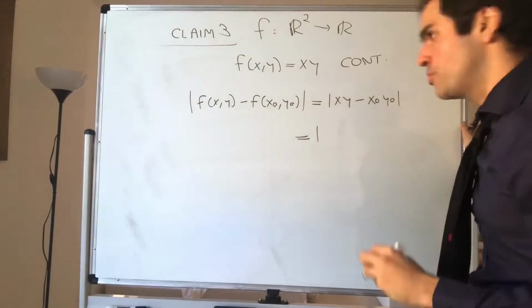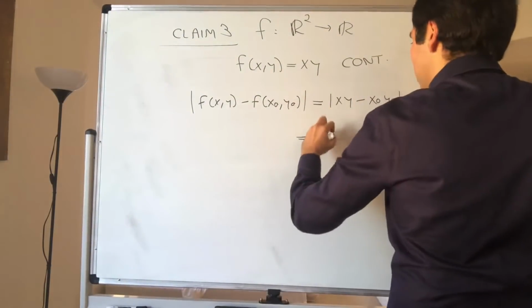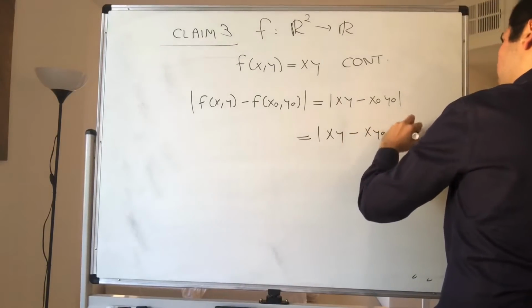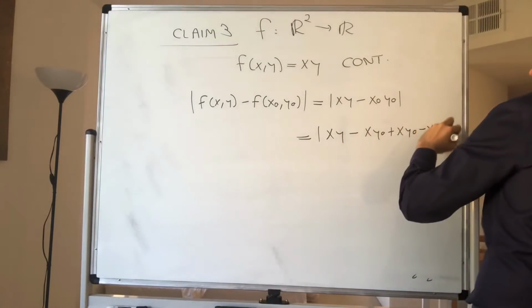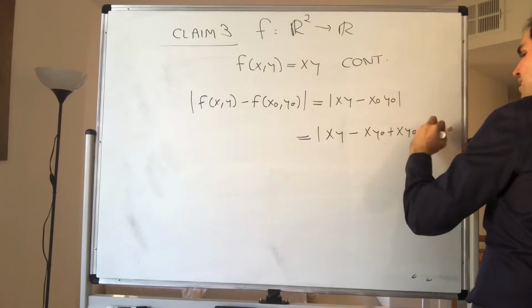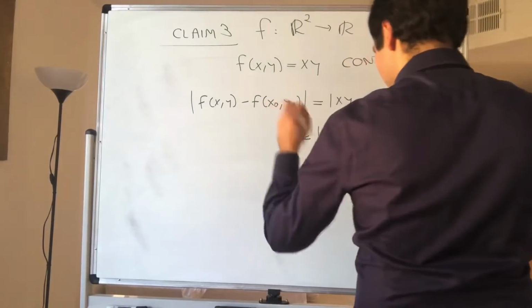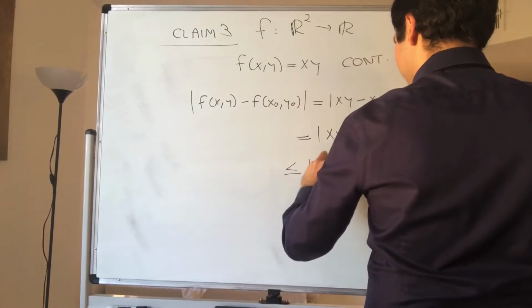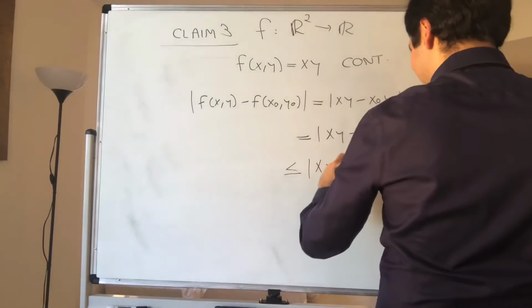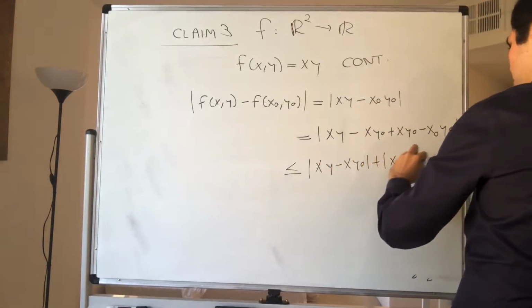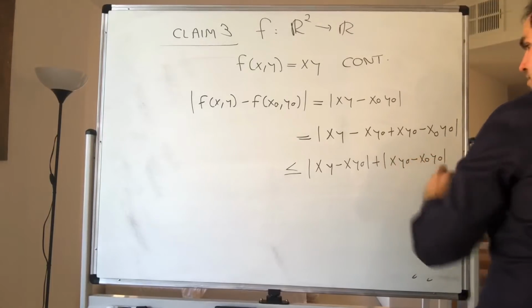Let's add and subtract, let's say, xy₀: xy − xy₀ + xy₀ − x₀y₀. Doesn't matter which one you add or subtract. But here the nice thing is, this is less than or equal to |xy − xy₀| + |xy₀ − x₀y₀|.